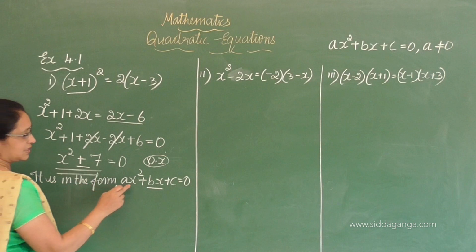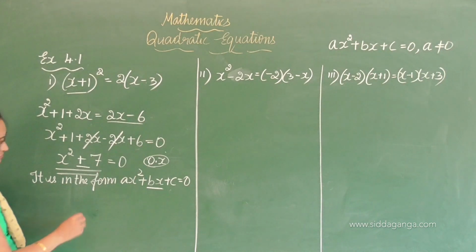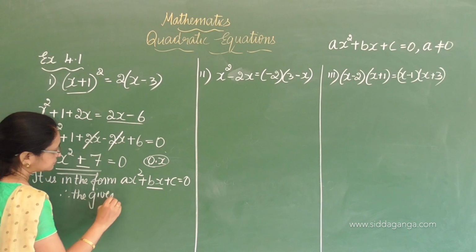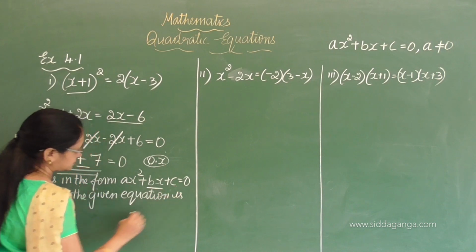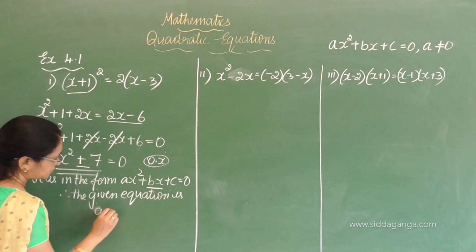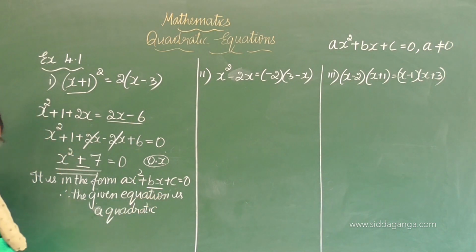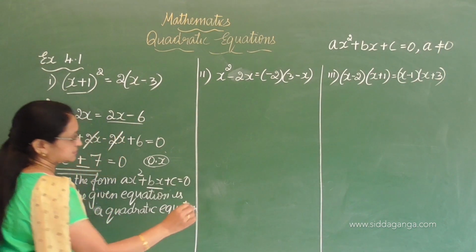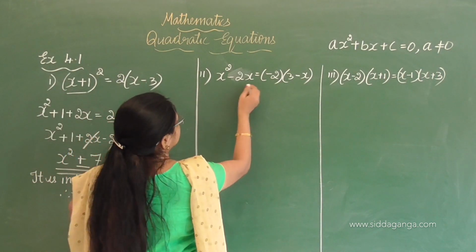So it is in the form of ax square plus bx plus c. Therefore the given equation is a quadratic equation. So you have to write the conclusion like this. I hope you understood.